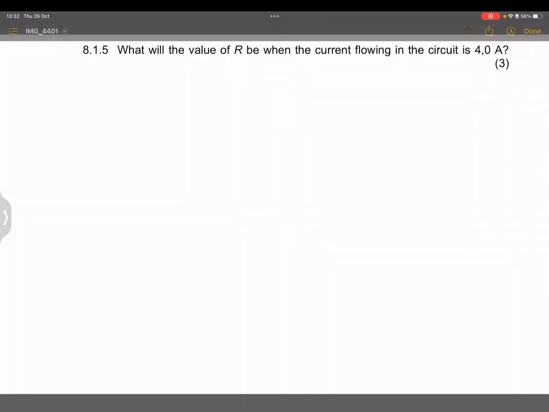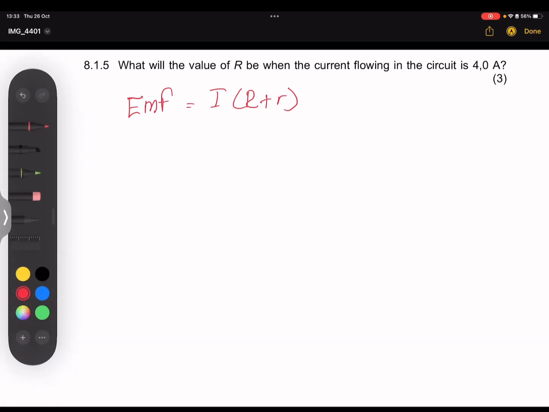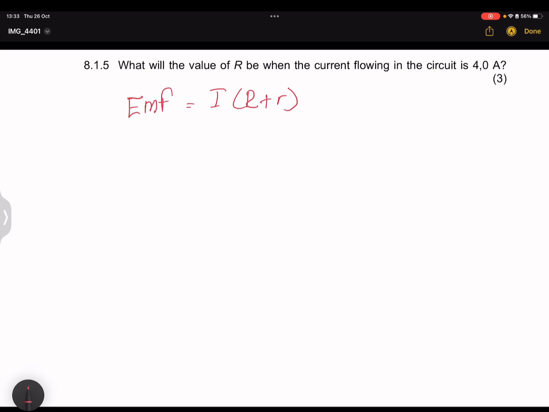So we can say that EMF is equal to I times R plus the small r. So that's 4 amperes over there.